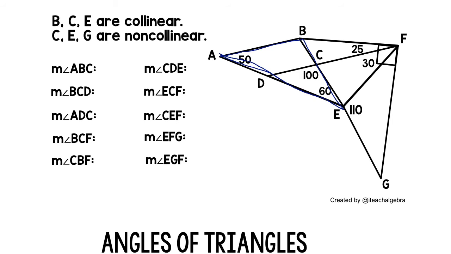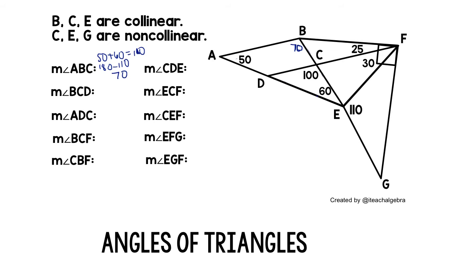So we have the angles of 50 plus 60, which is 110, and then 180 minus 110 gives us 70. So ABC is 70. I'm going to erase this really wonky triangle we've got here. Leave that 70.